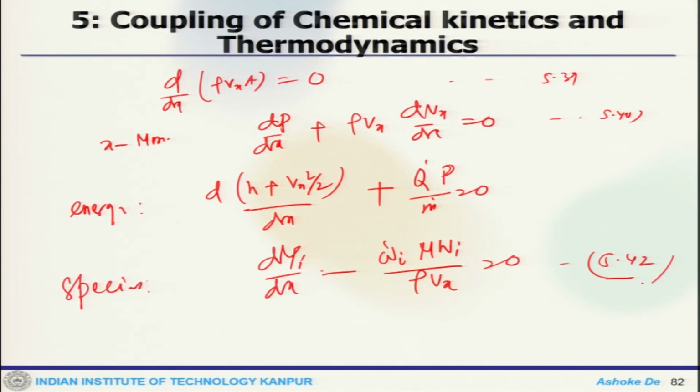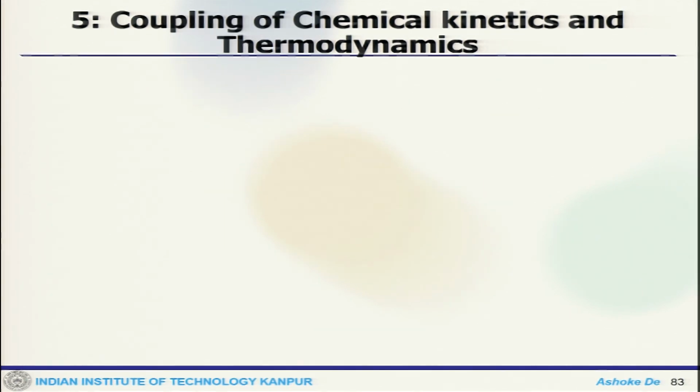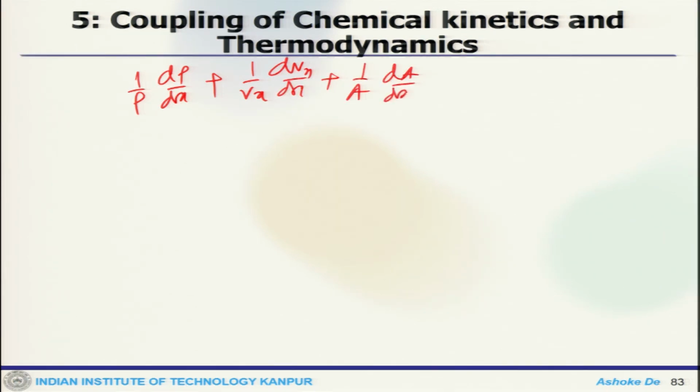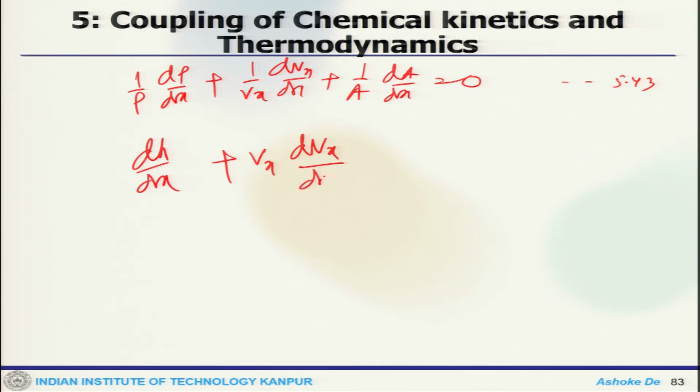Now, equations 5.39 to 5.41 one can rearrange to get 1 by rho d rho by dx plus 1 by Vx dVx by dx plus 1 by A dA by dx equals 0, and dh by dx plus Vx dVx by dx plus q dot P by m dot equals 0.